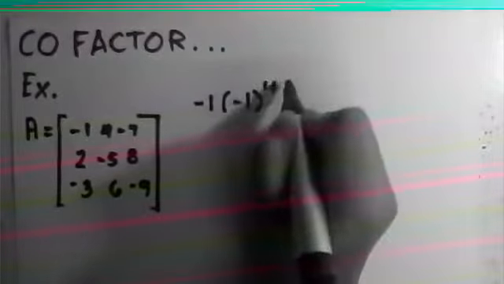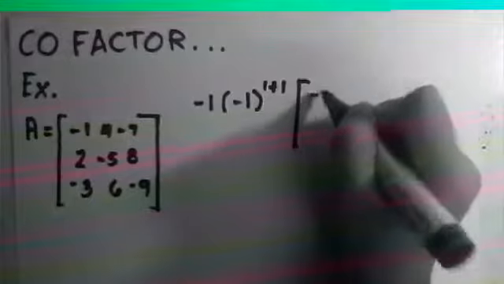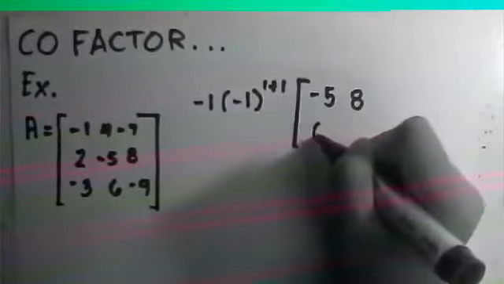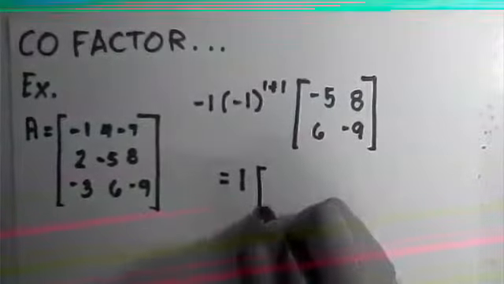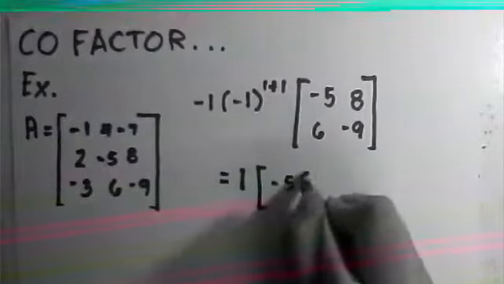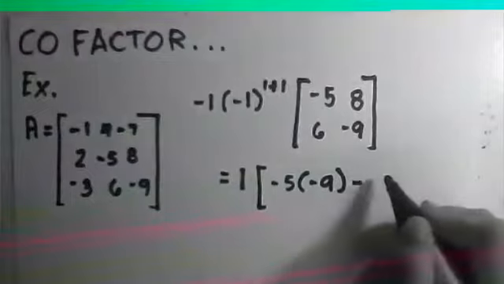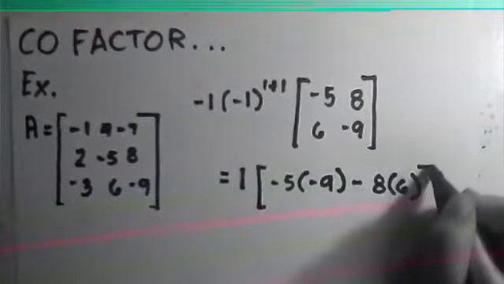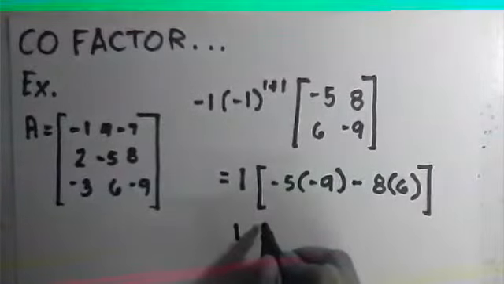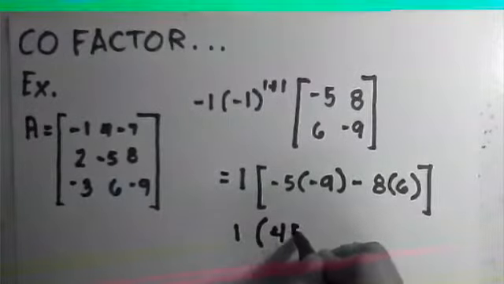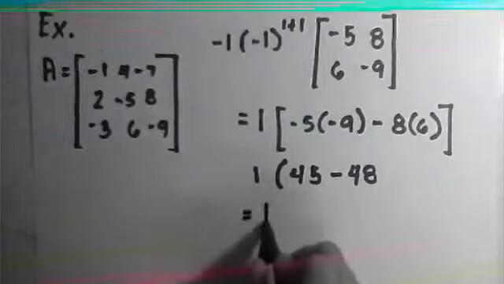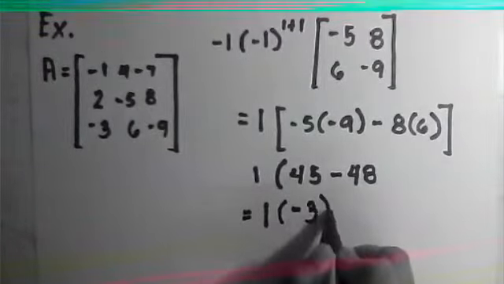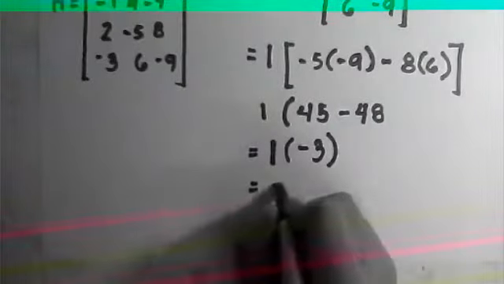Negative 1 times negative 1 to the power of 1 plus 1, times the determinant of negative 5, 8, 6, negative 9, is equal to 1 times cross multiply: negative 5 times negative 9, minus 8 times 6. 1 times 45 minus 48 is equal to 1 times negative 3, which is equal to negative 3.